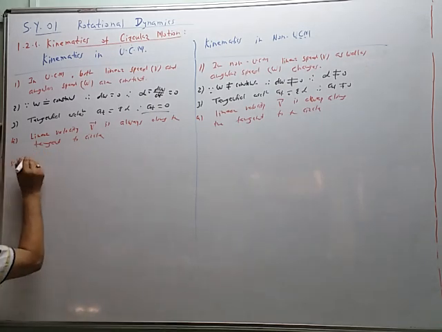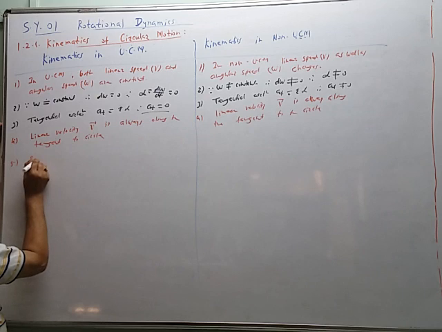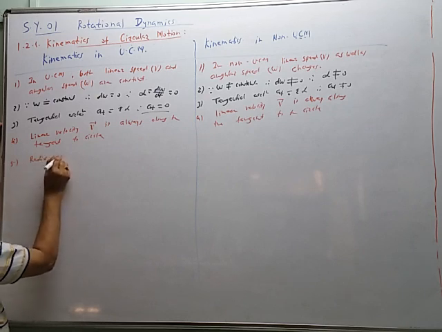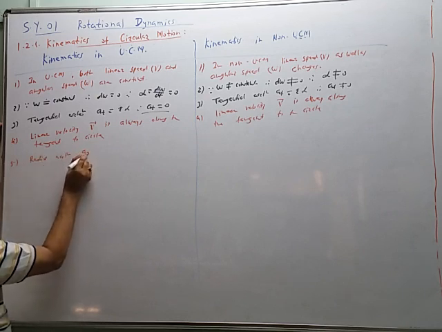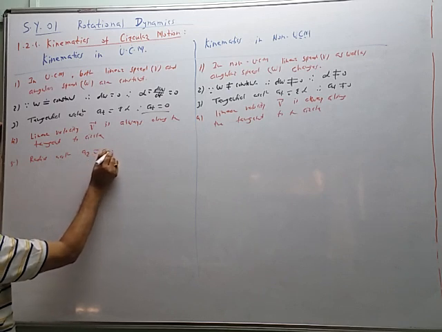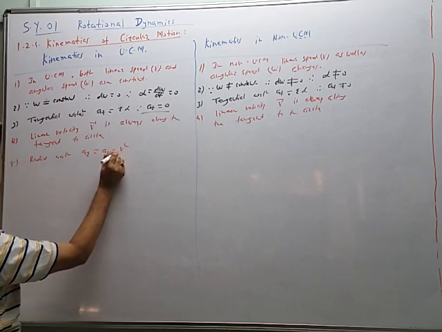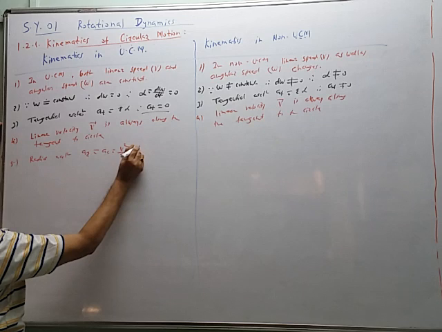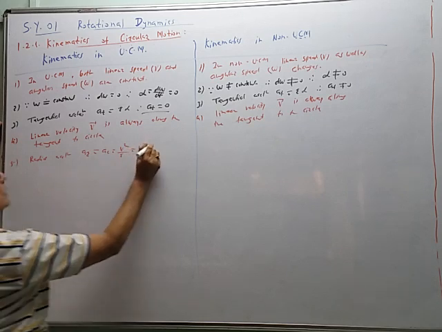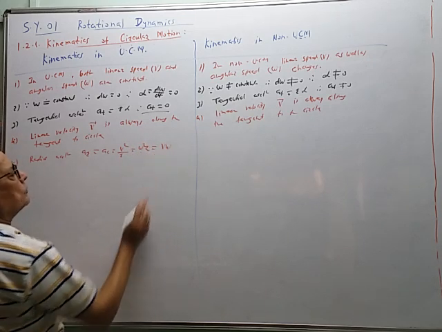Fifth, radial acceleration AR is equal to AC is equal to v square by r is equal to omega square r is equal to v into omega.